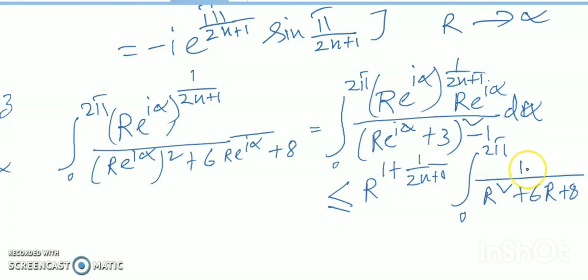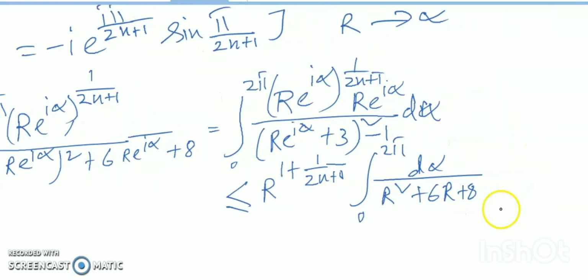I can write d alpha, which tends to 0, because r tends to infinity. Okay, so I hope it is clear.